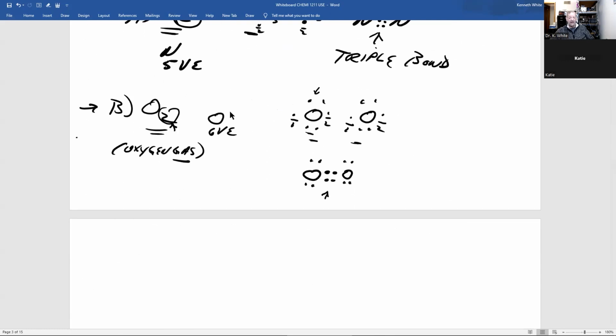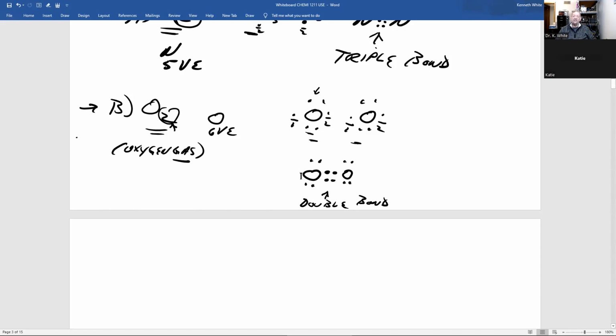Therefore, this is a double bond. And the next time you're with some friends and you see somebody inhaling air, you could tell them the oxygen gas in the air you just inhaled has a double covalent bond. Nah, don't do that. Friends don't like to hear that unless they're chemists. Even then they'll look like, yeah, I know that.